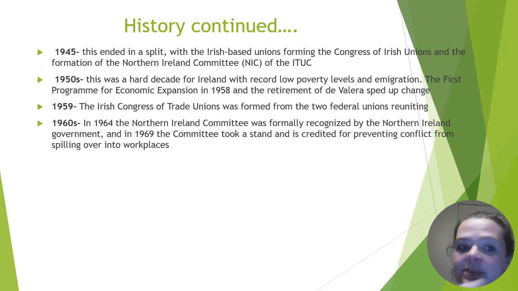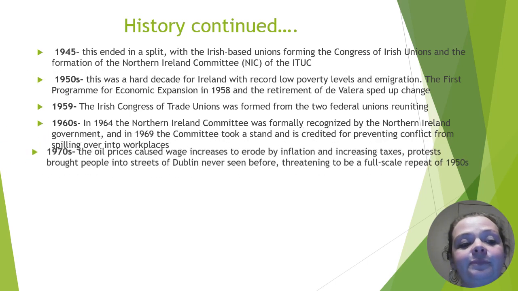In the 1960s, in 1964, the Northern Ireland Committee was formally recognized by the Northern Ireland government, and in 1969, the committee took a stand and is credited for preventing conflict from spilling over into the workplaces.